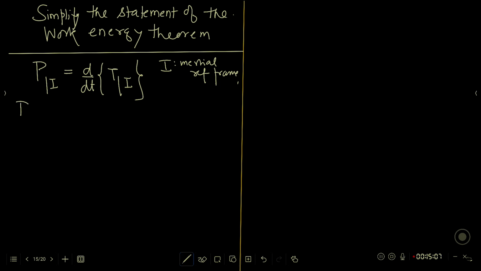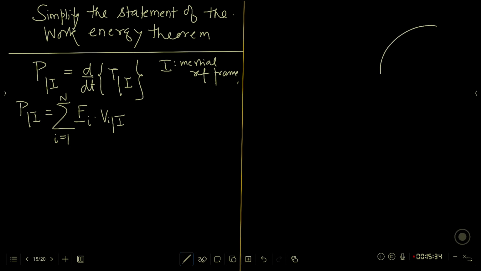Now Pi is the summation of Fi dot Vi, i going from 1 to N, right?